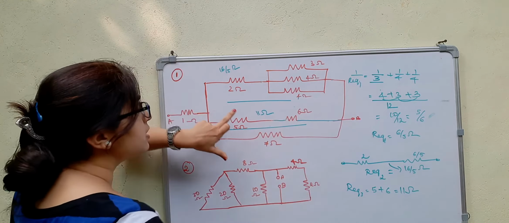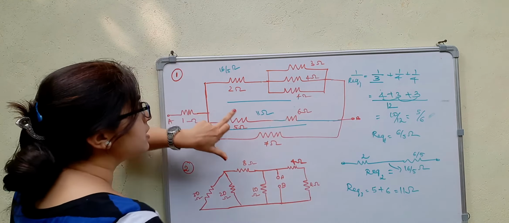So now I will find 1 by R equivalent 4, that is equal to 1 divided by 16 by 5, that is nothing but 5 by 16, plus 1 divided by 11, plus 1 divided by 7. Then you find R equivalent 4 from this. If you solve it, you will get 1.8304 ohms.